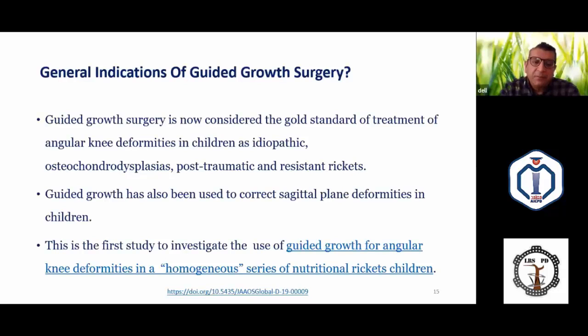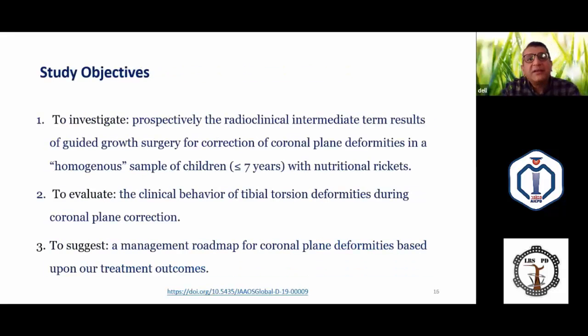Of course, this presentation is built upon our recent study, which is the first study to investigate the use of guided growth for angular knee deformities in a homogeneous series of nutritional rickets. Our study population is purely patients with nutritional rickets. But what are our aims from this study?